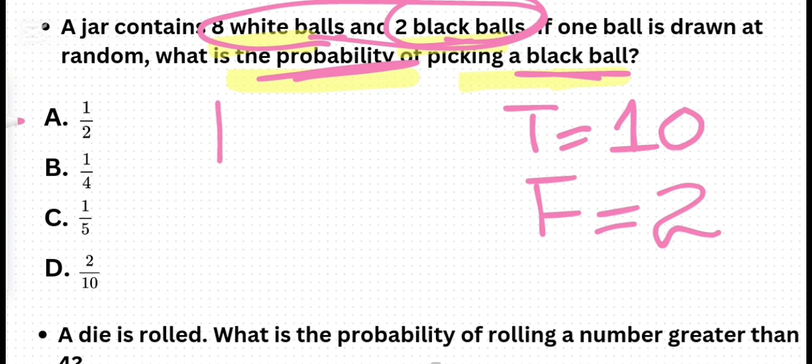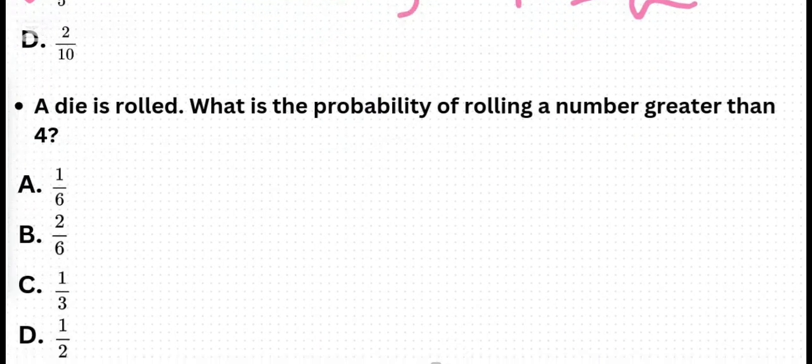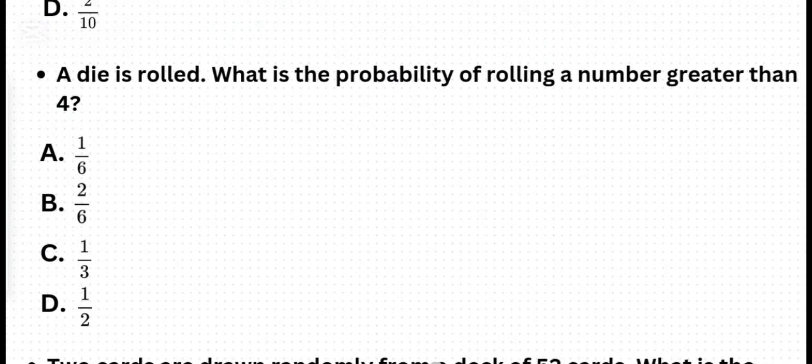So P is equal to F by T. After putting these values in the formula, you will get 2 by 10, and it becomes, after cutting, 1 by 5, right? So the correct answer is C, right?